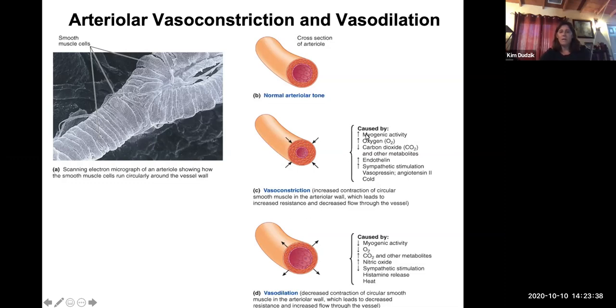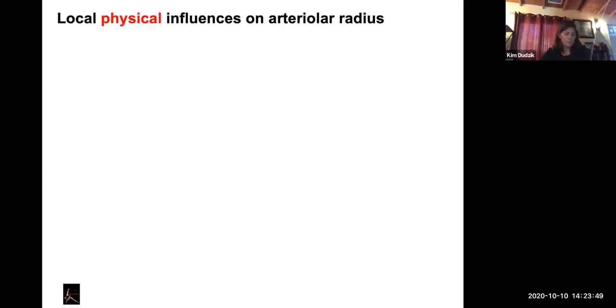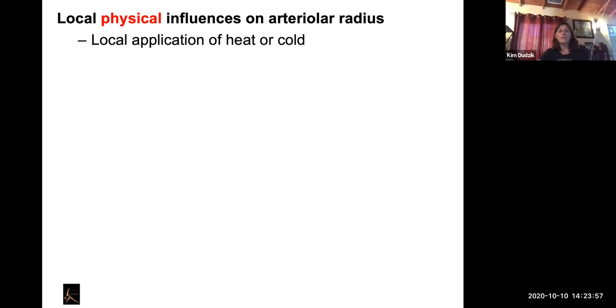But now we're going to talk about some of these other ones you see here, the myogenic activity. So physical response, a local physical influence on arteriolar radius. Okay, and again, this causes an intrinsic control. So physically, the organ, you apply heat or cold to the area.